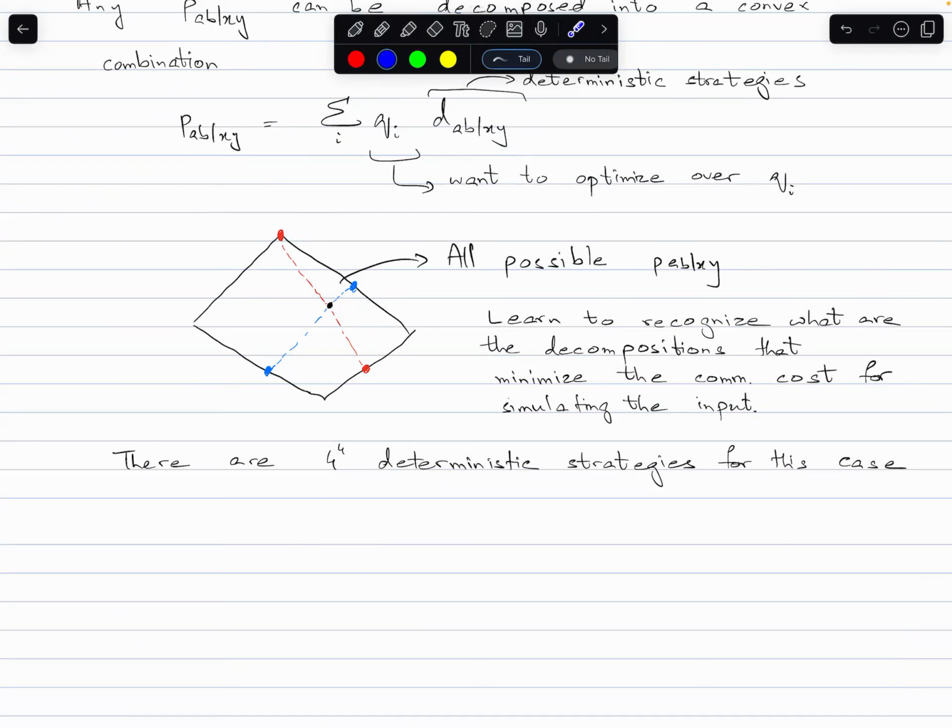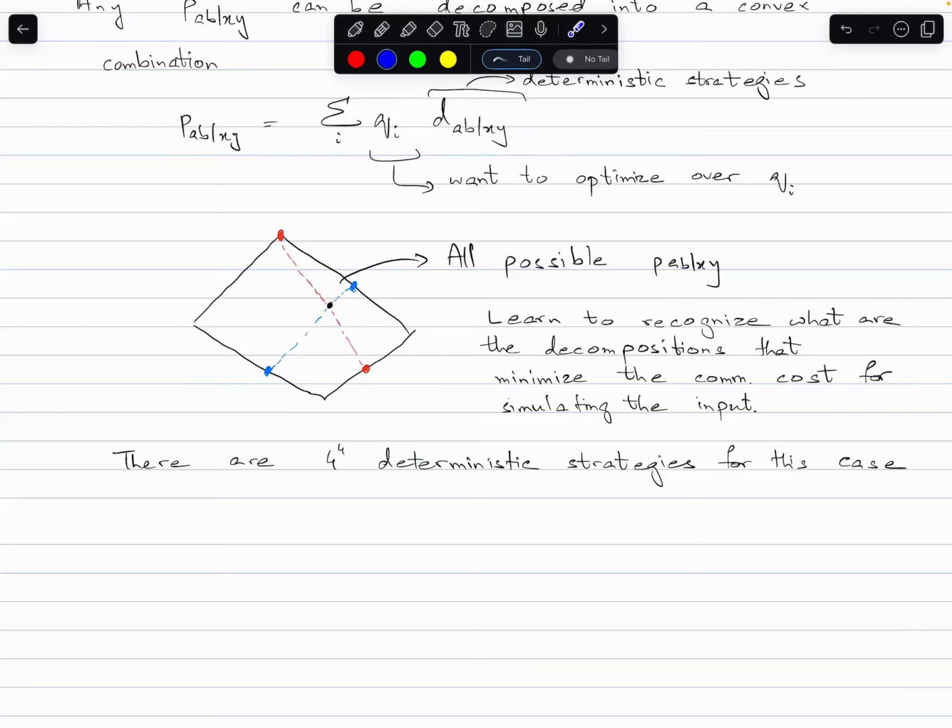So there are so many deterministic strategies that we are working through. And then what we have to figure out is the probability weightage Q sub I that I should associate with each D such that the resulting vector that I get is close enough to P of AB given XY. That's the first thing.